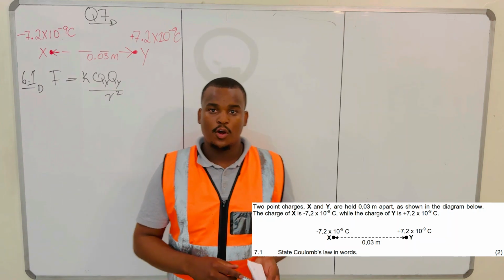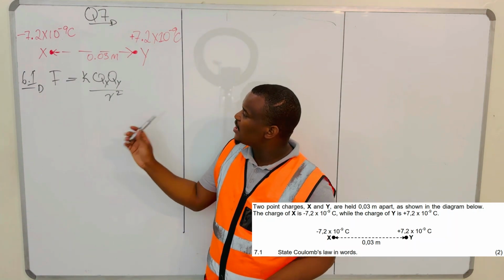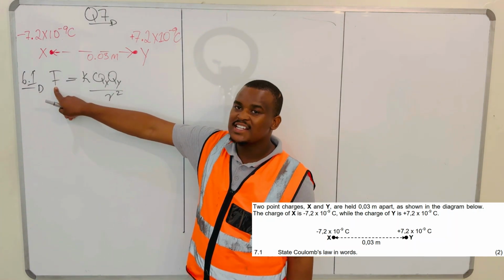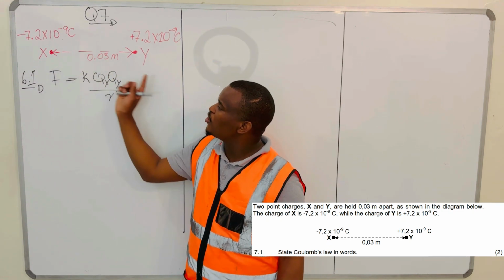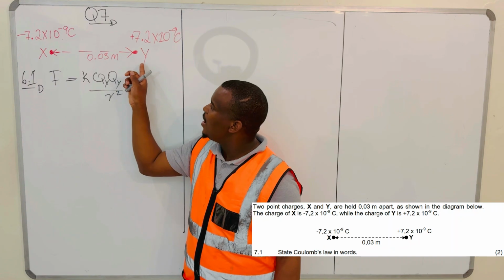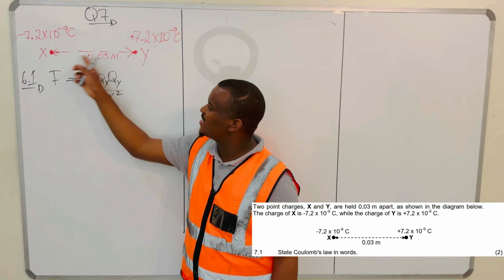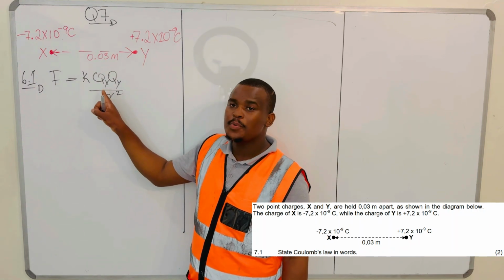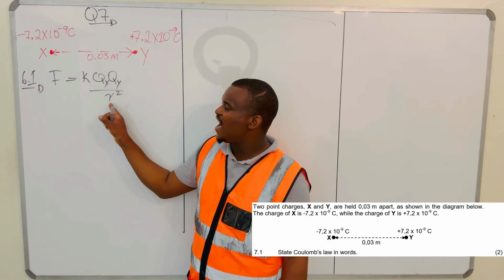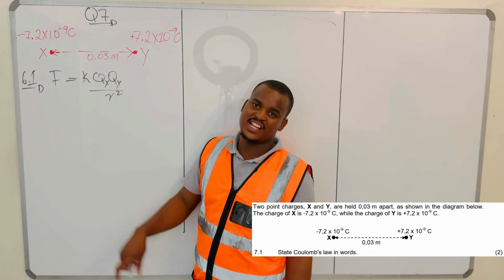Coulomb's law states that the electrostatic force between two point charges, which is the force X exerts on Y and Y exerts on X, is directly proportional to the product of the charges and inversely proportional to the square of the distance between them.